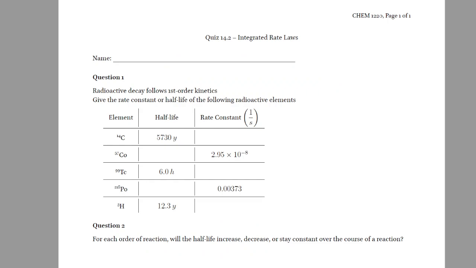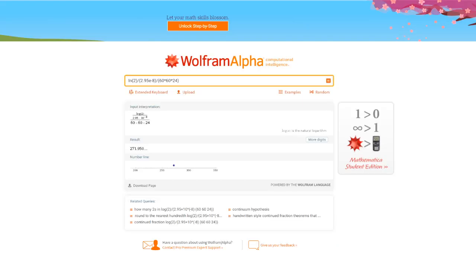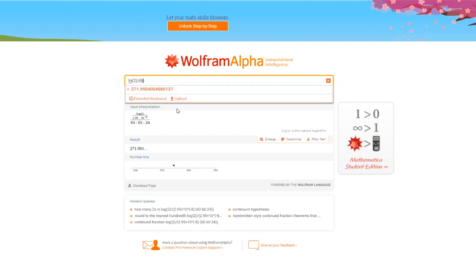And back here to technetium-99, it has a half-life of 6 hours, pretty quick. So in a matter of hours, all of your technetium is going to be reacted away. So we'll divide by 6 hours, and 6 hours times 60 minutes per hour and times 60 seconds per minute.